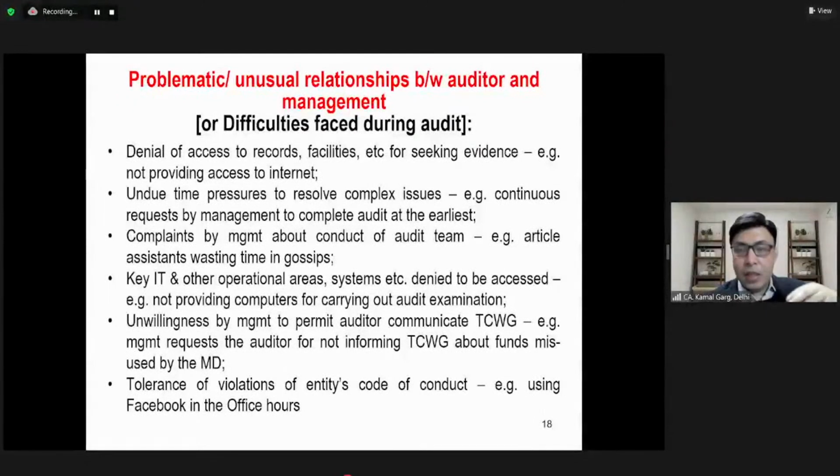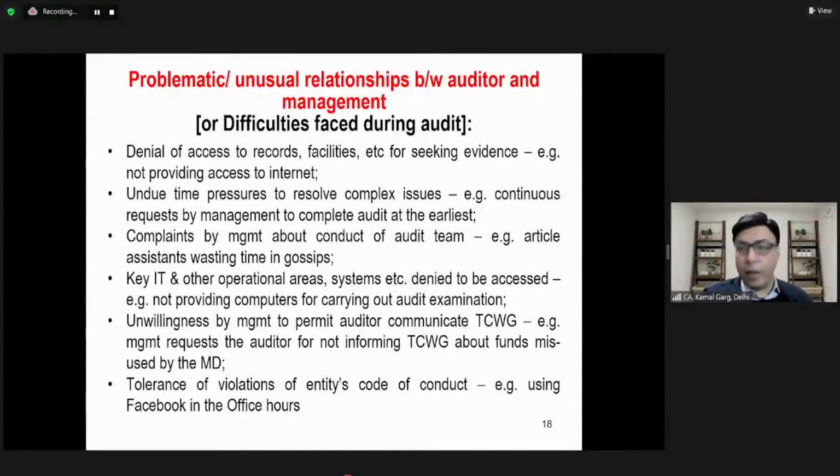If the answer is yes, then the Institute says, whatever alternative mechanism you're adopting, verify whether that alternative mechanism can be authenticated or not. If it can be authenticated, no problem. If it cannot be authenticated, then back to square one. Issue a qualified report or adverse report or disclaimer report, as the case may be.